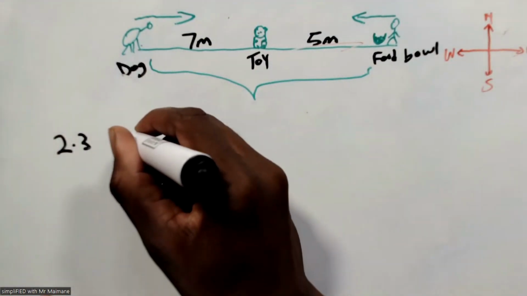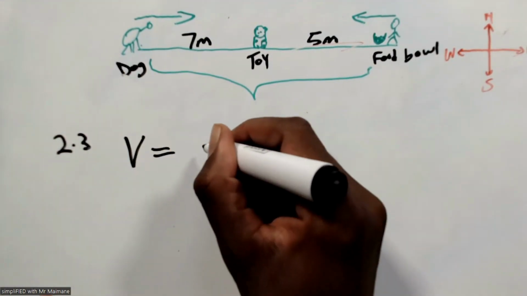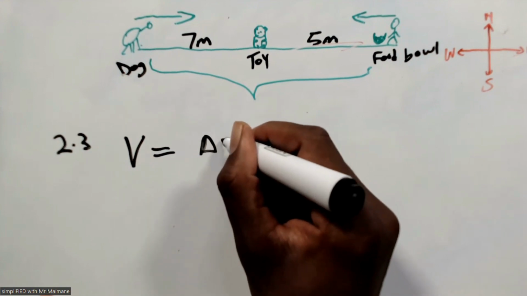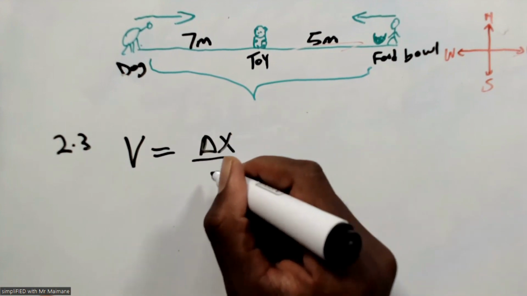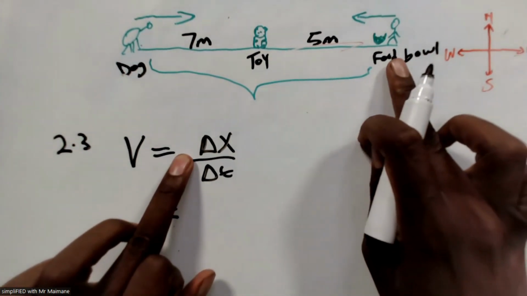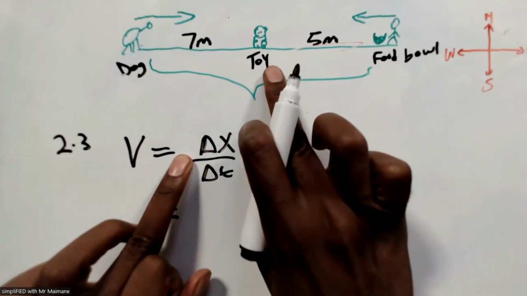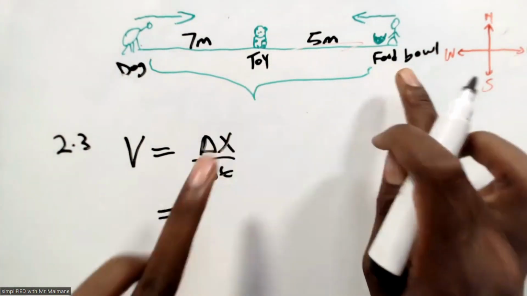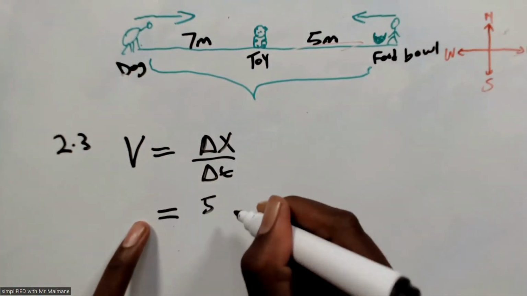So 2.3, we say average velocity is equal to change in distance over the change in time. And we know that our change in distance from here to there is 0 meters to 5 meters. It took the baby 30 seconds to crawl those 5 meters.